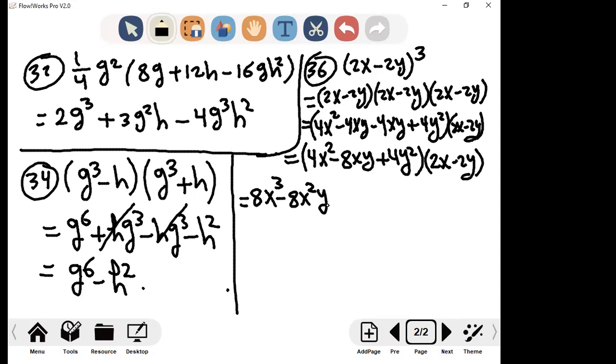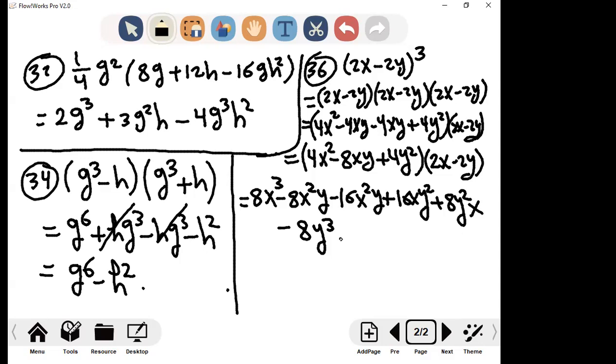Negative 8xy times 2x, negative 16x power 2y. Negative 8xy times negative 2y, plus 16xy power 2, right? Plus 4y power 2 times x, plus 8y power 2 x, plus 4y power 2 times negative 2y, negative 8y power 3.